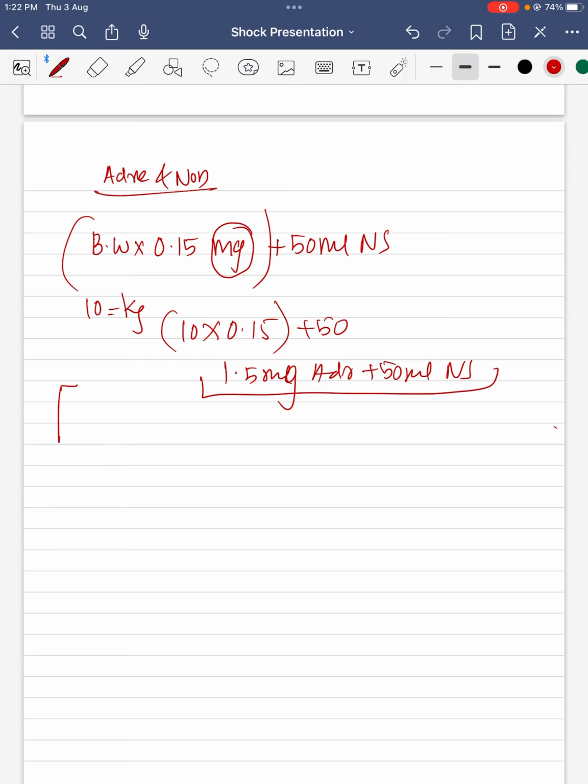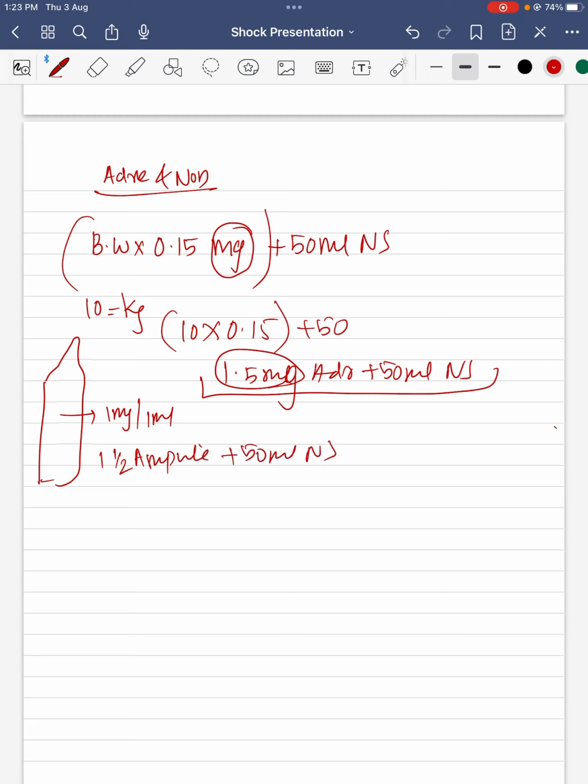How is adrenaline coming? Adrenaline comes in a bottle of 1 mg in 1 ml. So here 1.5 mg is needed, which means you take 1.5 ampule plus 50 ml of NS.